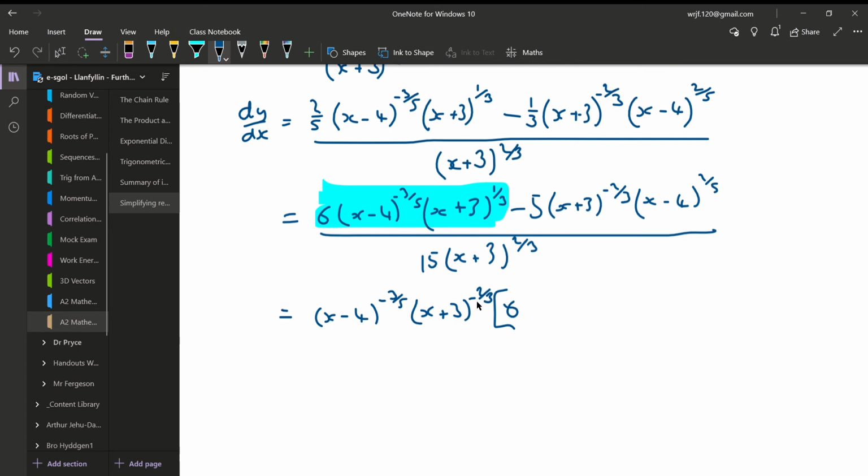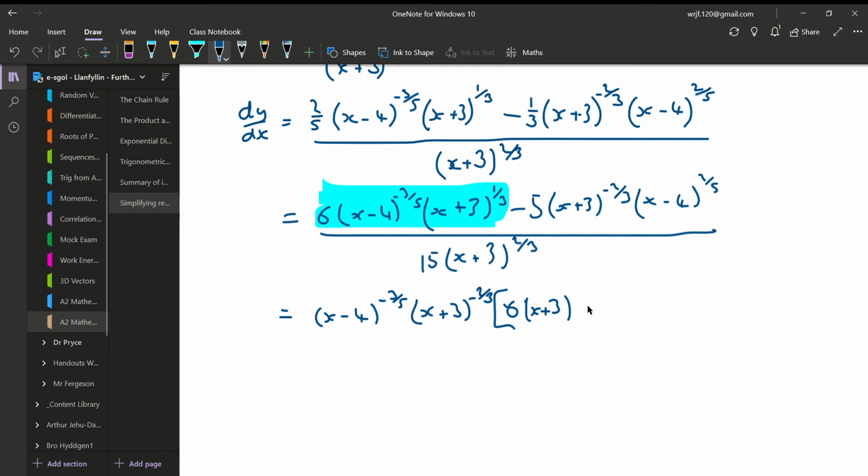Well, adding the powers means that I would have to have a power of 1 to add on to -2/3 to bring it up to a third. So I just need to have that bracket there, x plus 3 to the power of 1, and I just won't bother writing that power of 1 there. So that bit's done. That first term should be okay. You can check it by multiplying if you want to, but it should be okay now.